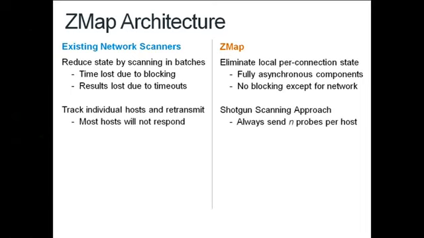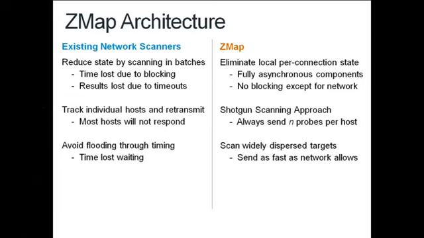Another thing we did differently was the way that we are tracking which hosts are responding. Let me get to that in one more slide. In order to avoid flooding the network, and this is a really important thing too, because if we overwhelm distant networks, they're just going to drop our probes and we're not going to get accurate data.